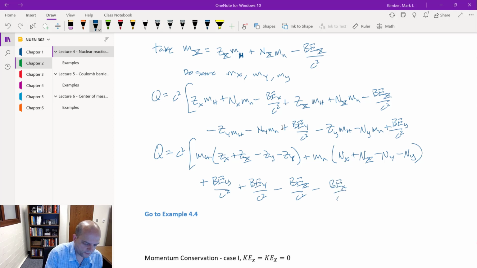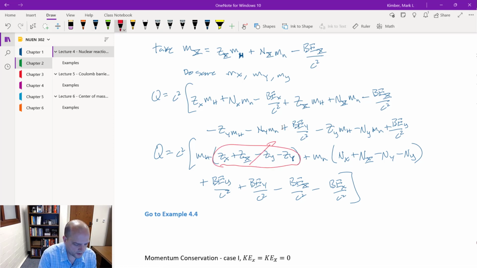And what you'll see here is that we can greatly simplify this because of those first two conservation laws that we talked about earlier in this lecture, and that is that my total number of protons has to remain the same, my total number of nucleons needs to stay the same. And the inference there is that also my total number of neutrons needs to stay the same. And so because of that, this sum is going to go to 0, and this sum is also going to go to 0.